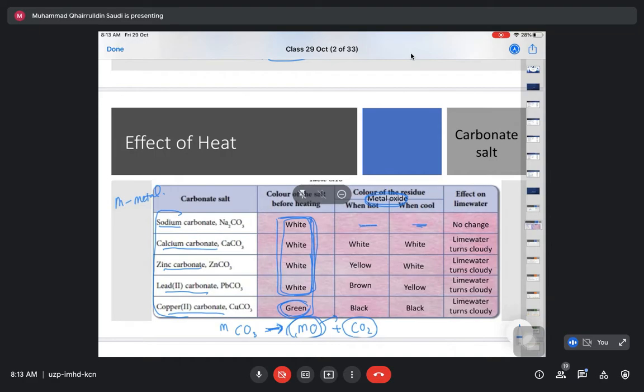Maksudnya effect on lime water pun no change. Maksudnya sodium carbonate tak jadi apa-apa apabila dipanaskan. Okay, dia stable, dia tak jadi apa-apa bila dipanaskan. Tapi calcium, zinc, lead, copper bila dipanaskan ada jadi something, dia akan decompose. So kalau calcium carbonate dipanaskan, metal oxide dia nama apa?